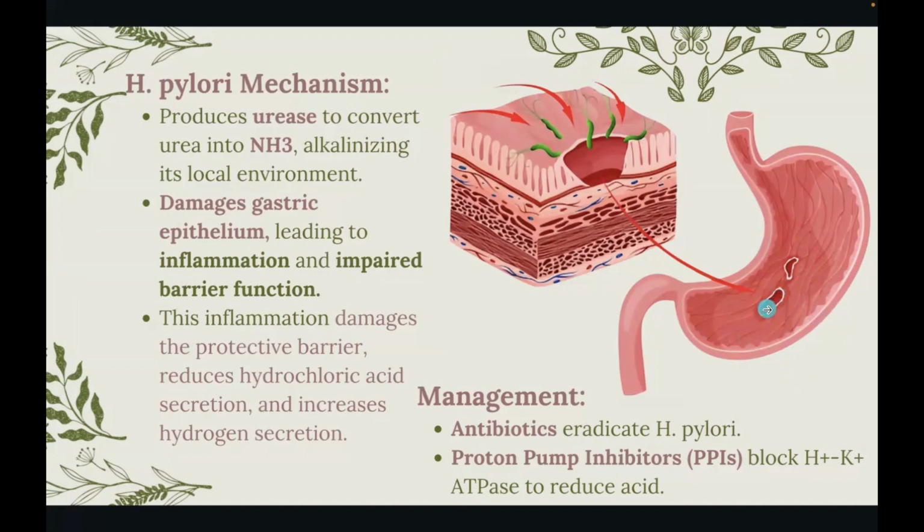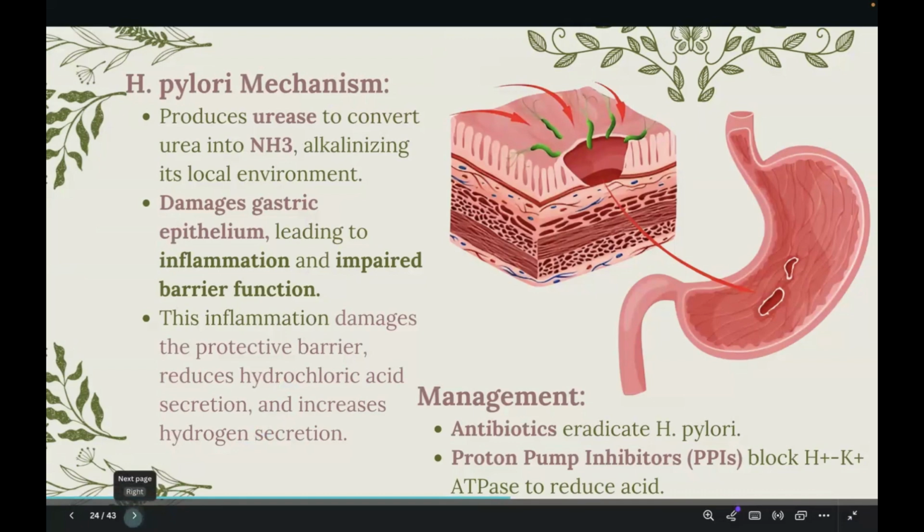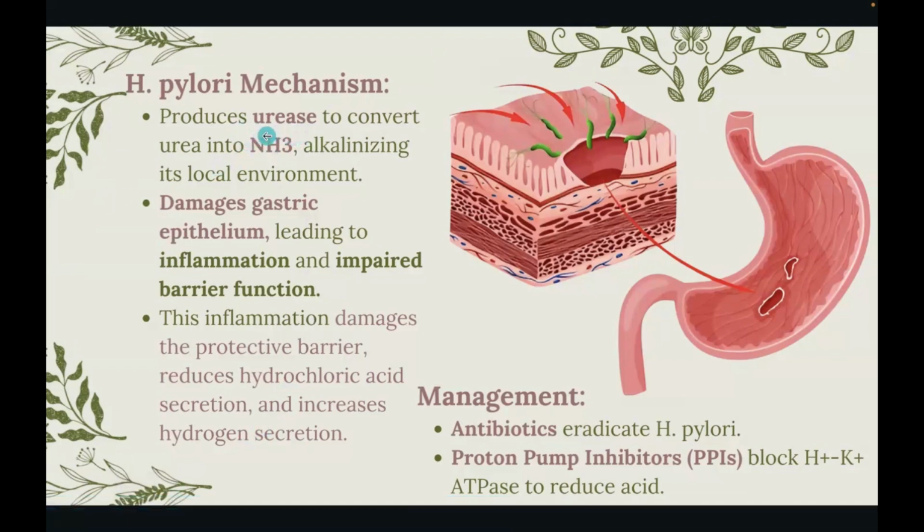To try to reduce that, we give them proton pump inhibitors to reduce the HCl production. I know this is affecting the overall digestive process of the stomach, yet we're really trying to balance the harm and good.